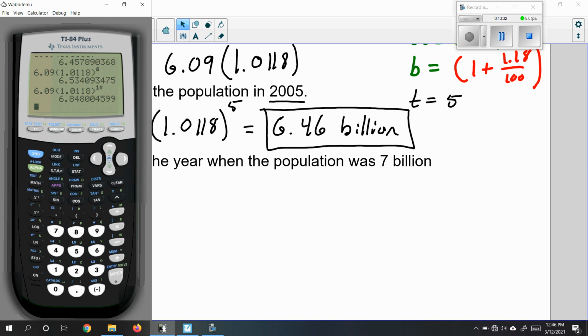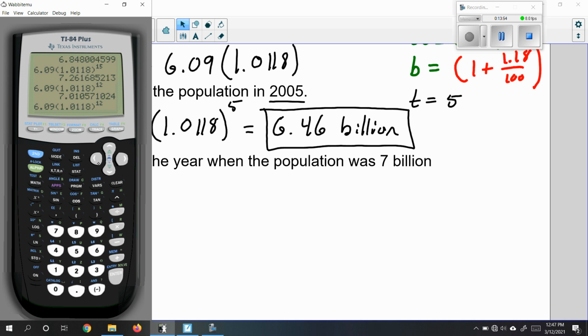We're getting closer. Remember, we're trying to find an x value that will yield a number close to 7. Let's try 15. Okay, I went too far. So we'll just keep guessing and checking. That's pretty close.